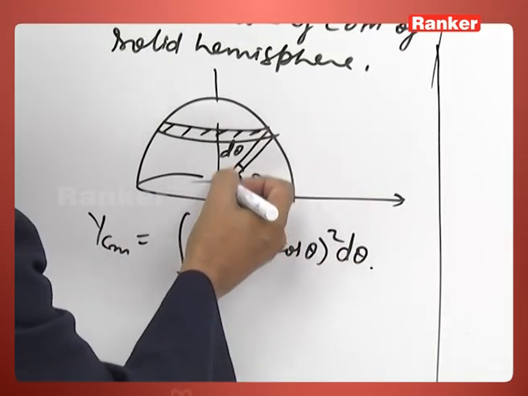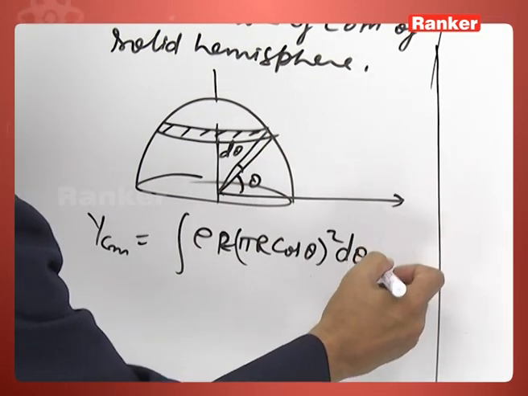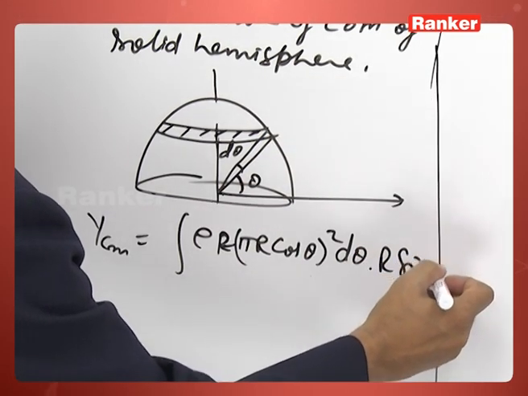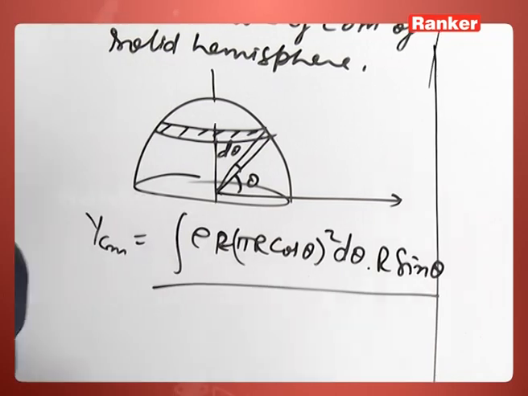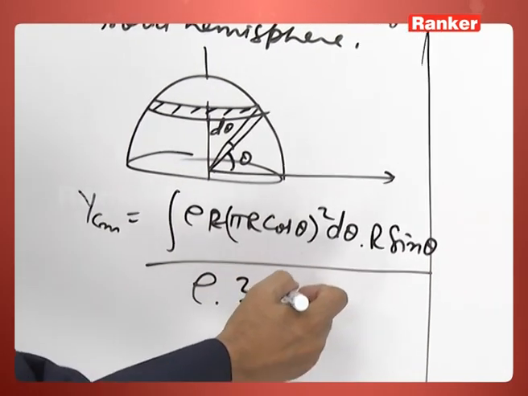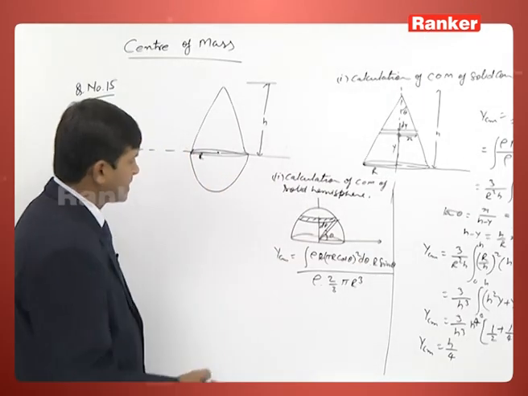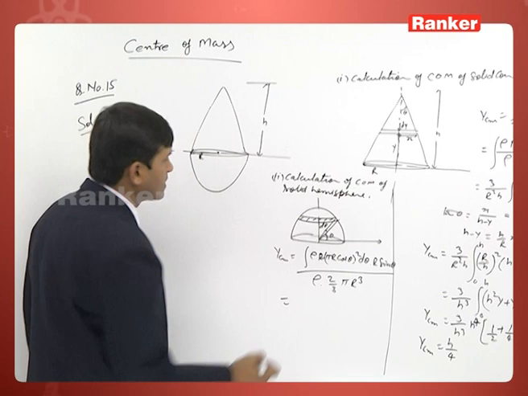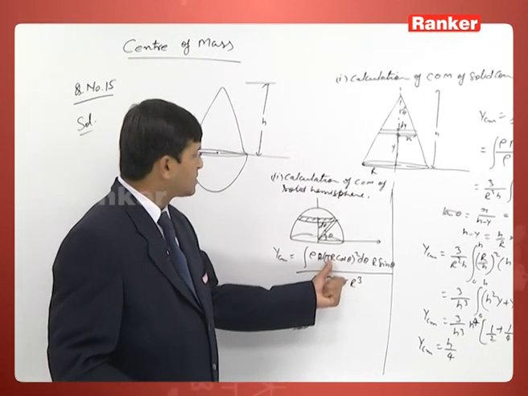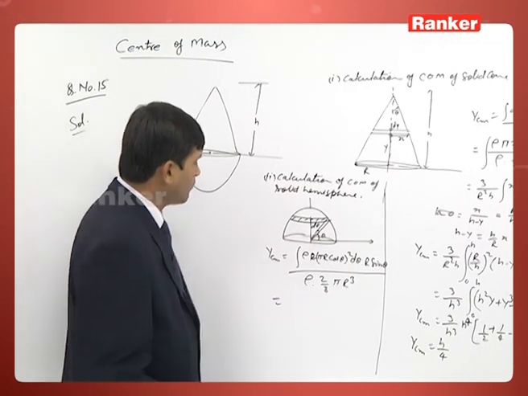Next is the center of mass position. This is your r, this will be your r sin theta, divided by total mass rho 2 by 3 pi r cube. Now check it. From here, r square times r gives r to the power 4.